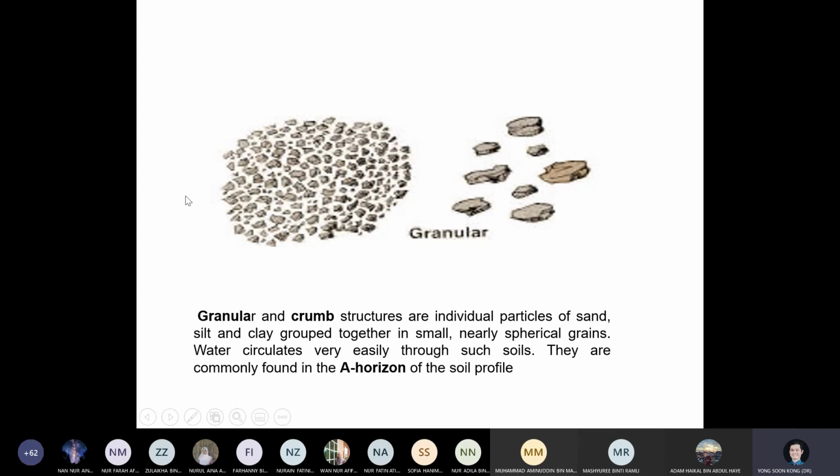Now, due to the high organic content, they tend to stick soil particles like clay and silt together, and that is why they form larger granules of soil, which are crumbly because they don't stick permanently. They only stick because of the high organic content, and when you press them, they crumble.